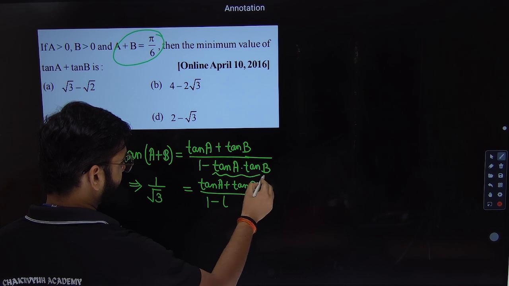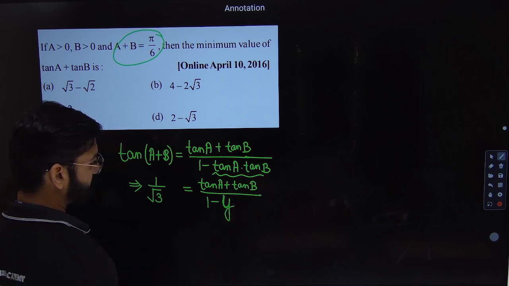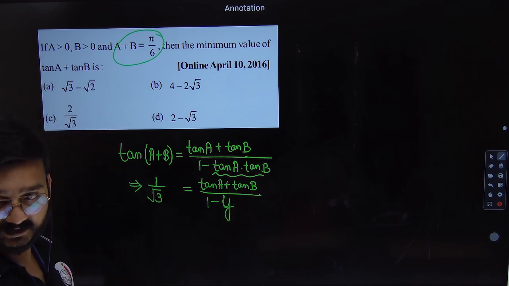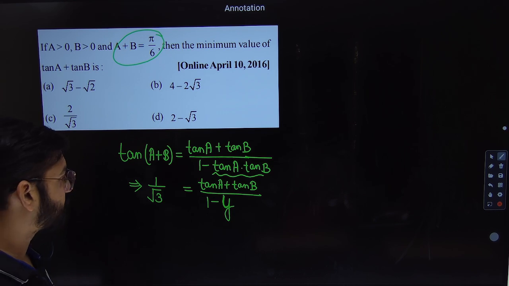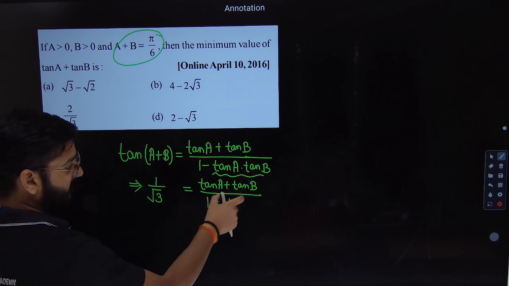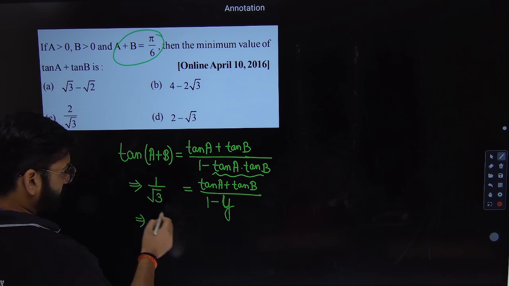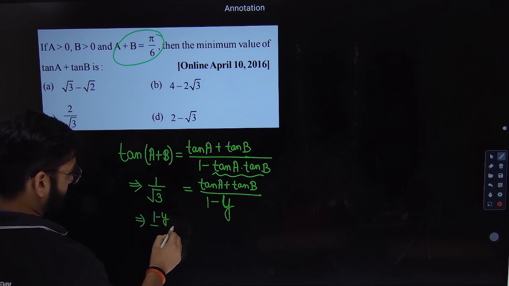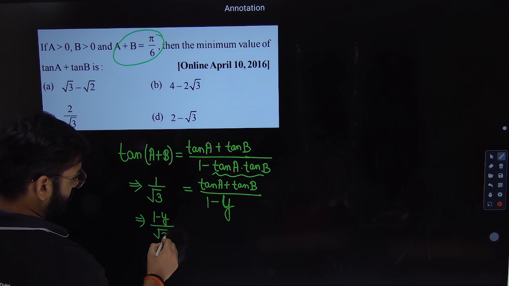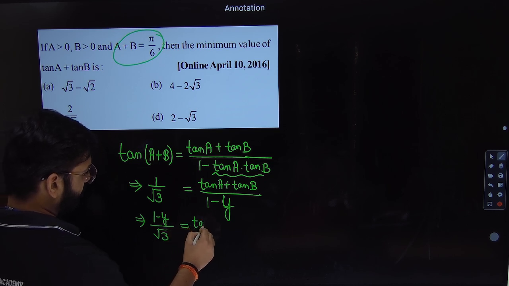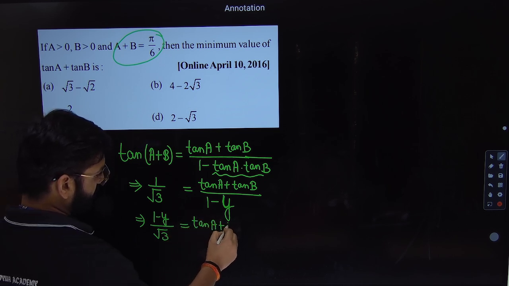I'm taking tan A tan B as y. So cross multiply: 1 minus y by root 3 equals tan A plus tan B.